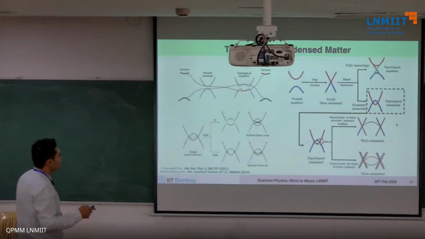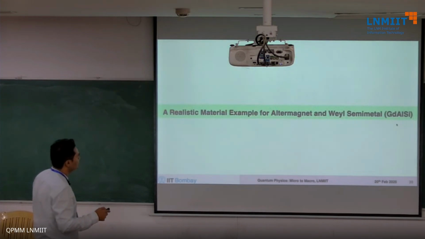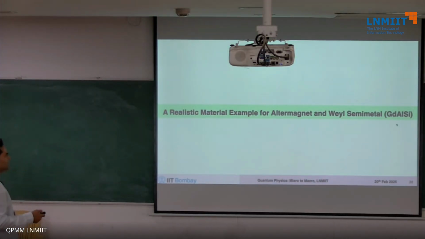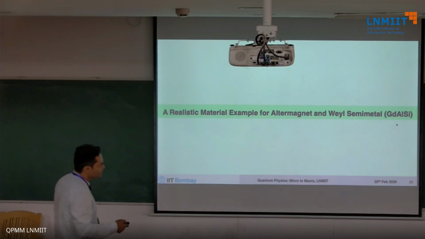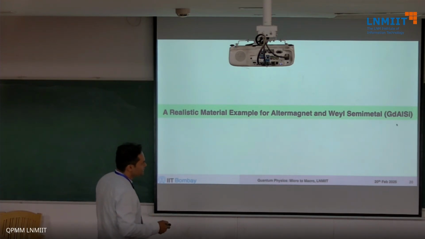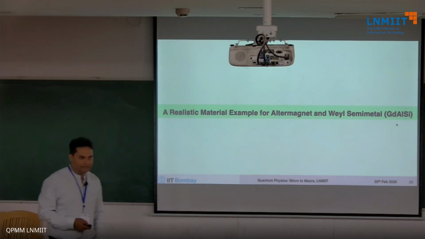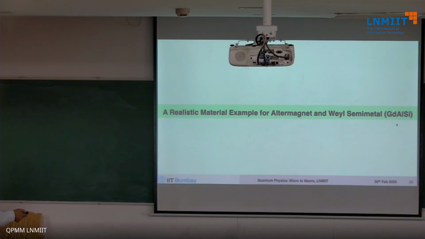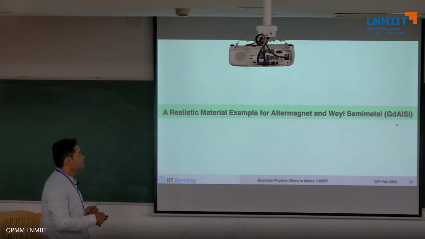So what we had initially done is Bishal had simulated this material because he had been working and trying to understand the physics of this kind of unconventional magnetism. And he found that this particular system, if you analyze its crystal structure, it actually has a similar feature. There is a non-magnetic element, which is aluminum and silicon.